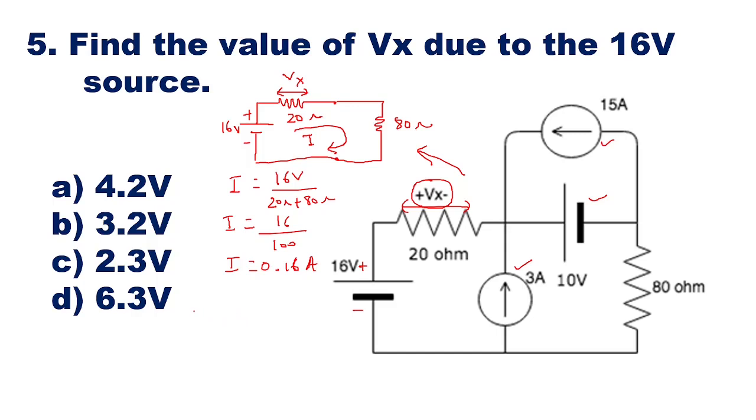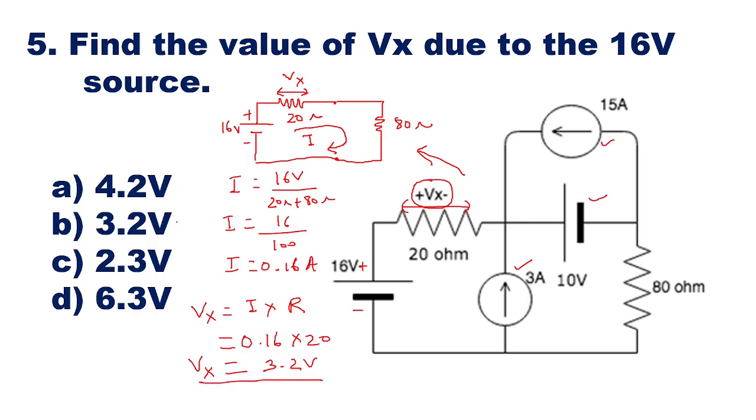So the voltage across 20 ohm resistor, that is Vx, is nothing but the current multiplied by resistance. So the current is 0.16 ampere and resistance is 20 ohms. So 20 into 0.16, it is nothing but 3.2 volts. So voltage across the 20 ohm resistor is 3.2 volts.